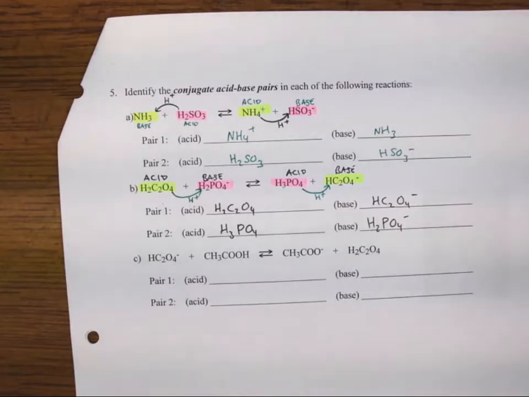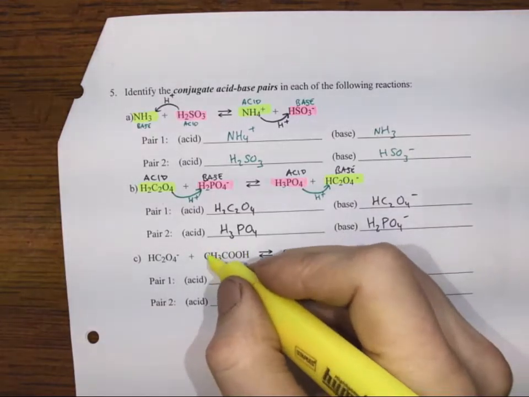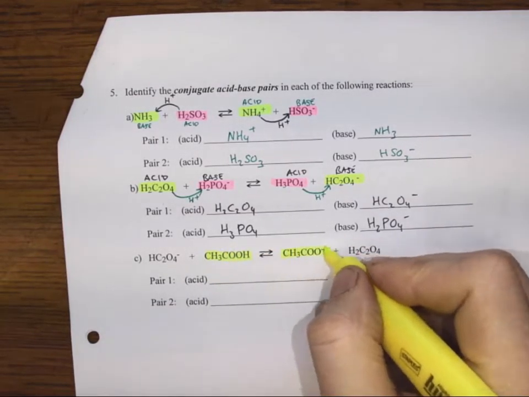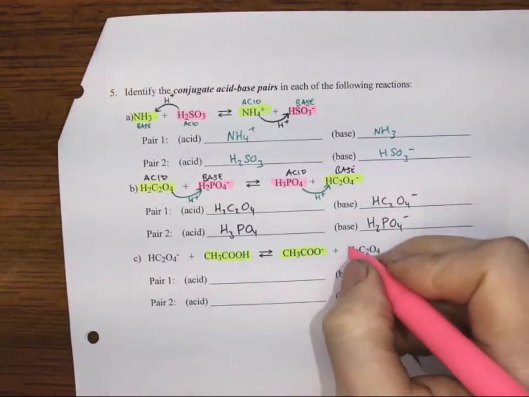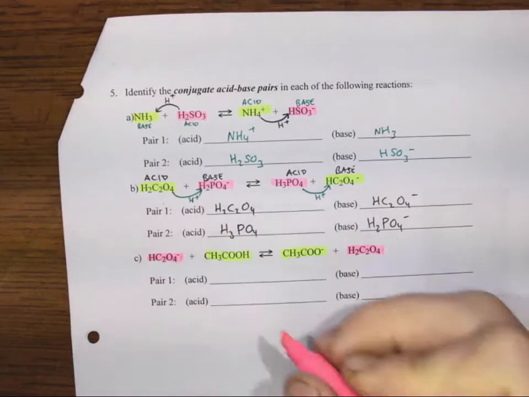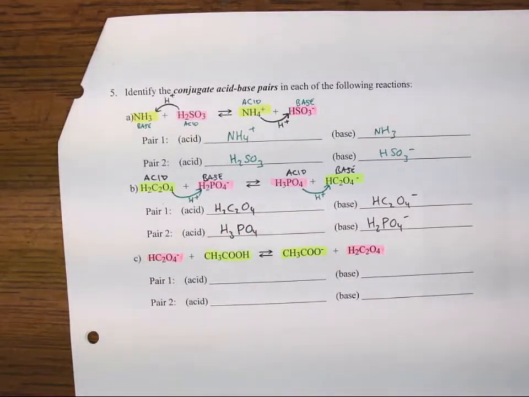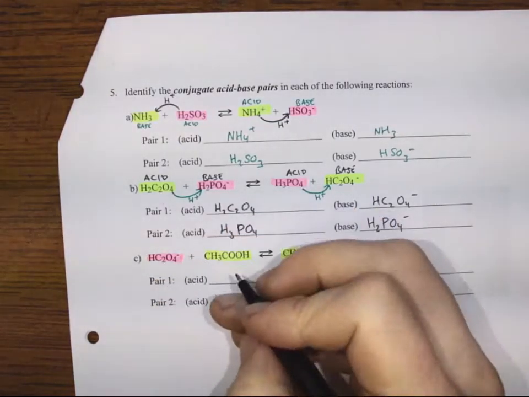So we'll look lastly. Got some acetic acid here, which corresponds with this acetate. And this oxalic acid here, which I don't know what it makes. Don't know the name of that one.